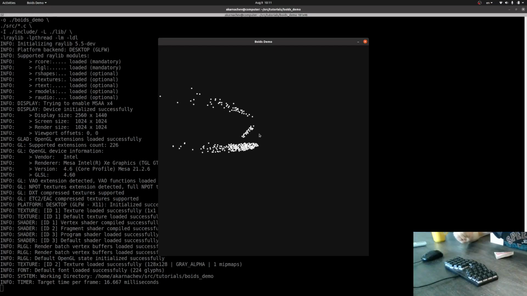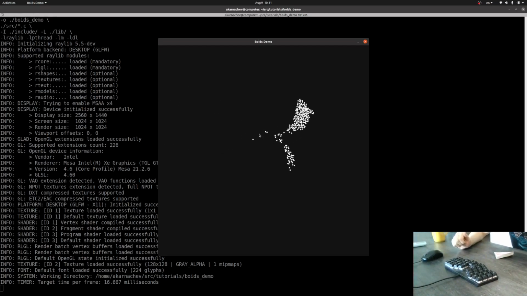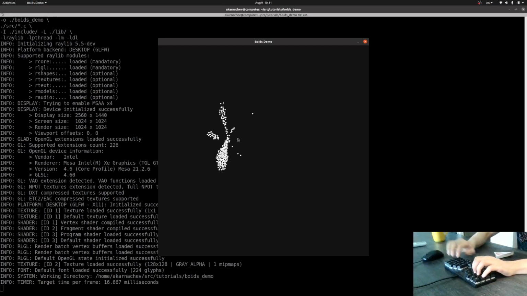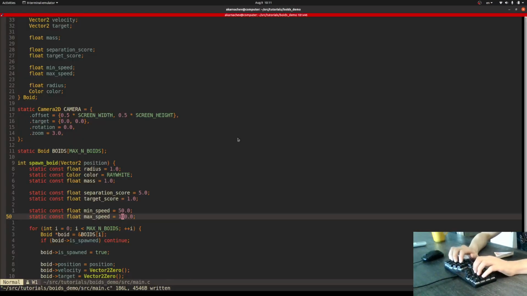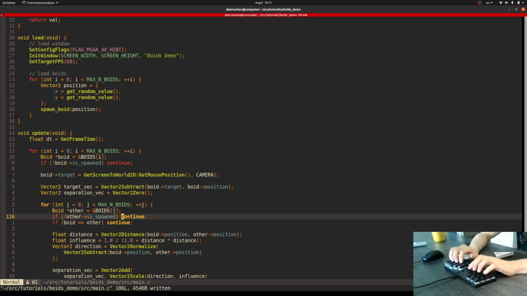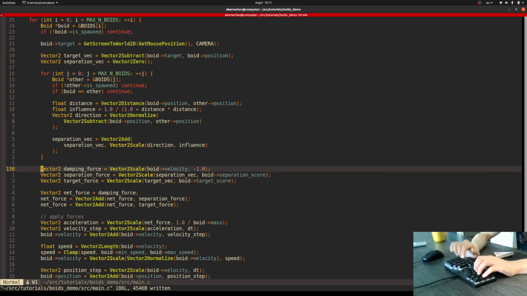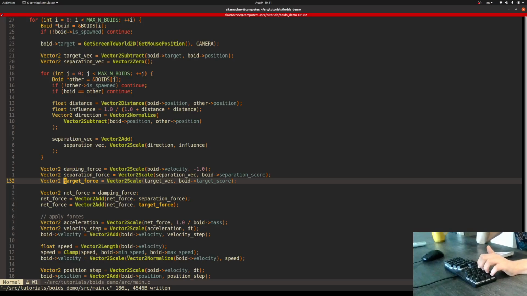It's called emergent behavior. Yeah, 3 groups. It's really cool. We just coded 3 forces: damping force, separation force, and target force. And we already have some kind of interesting emergent behavior.